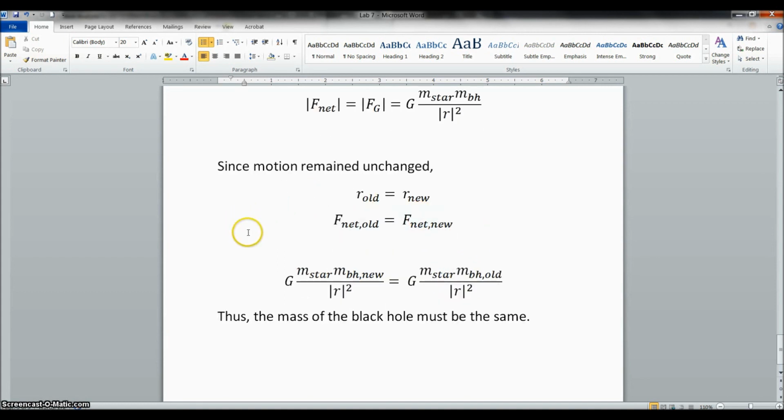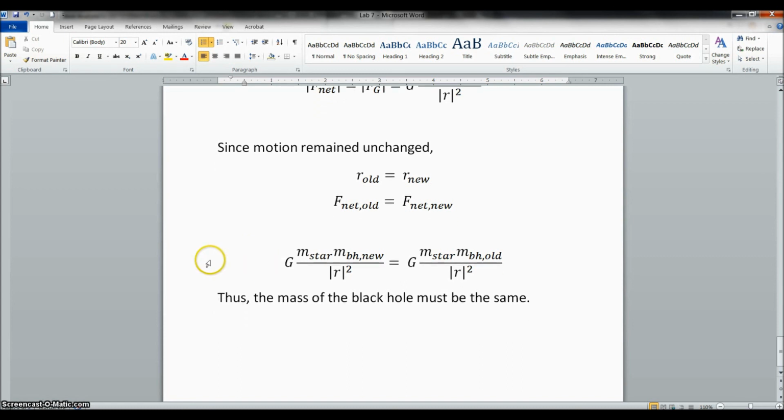Looking at these equations, G remains the same between both, M remains the same between both, and the positions remain the same, so R remains the same. Since all the others are constants, the mass of the black hole new equals the mass of the black hole old, and thus the mass of the black hole must be the same between both.